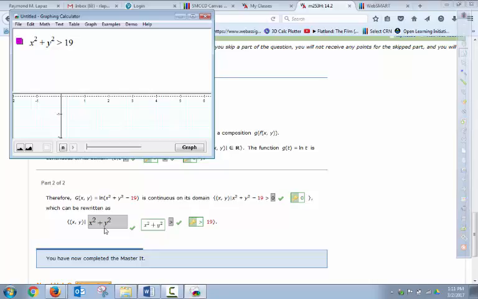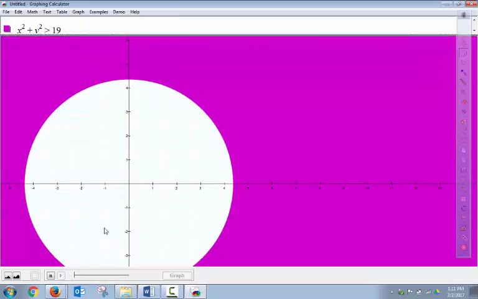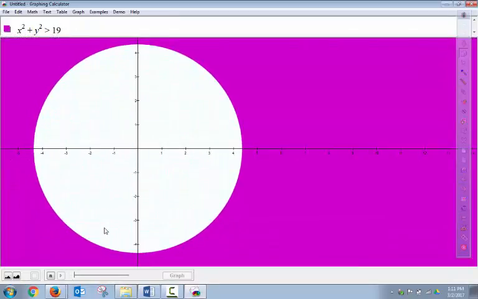If I graph this, you'll see that it's actually a shaded region outside of that circle. It would form a donut if we had something less than it as well, like greater than 19 but less than 20. It'll form a washer. In math, they call it an annulus.